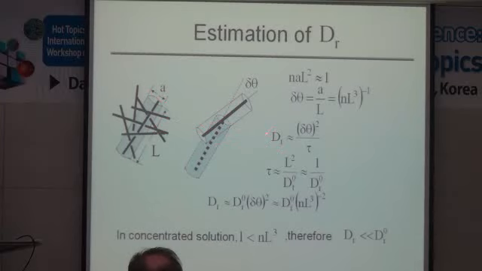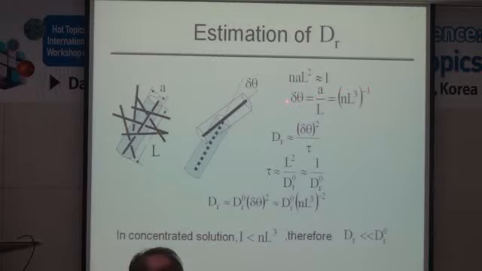The angle that it can make is essentially determined by A over L, where A is a typical diameter of the tube. Assuming these rods are distributed randomly, this is a simple problem of probability. A is given by this expression, where n is the number density of the rods.